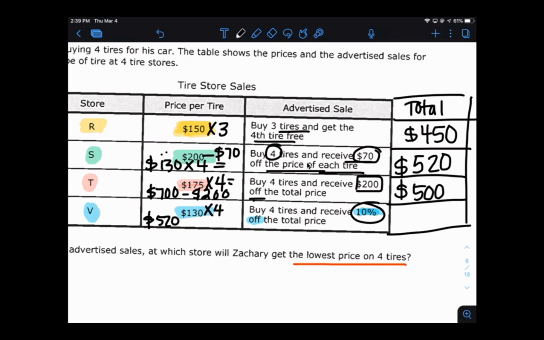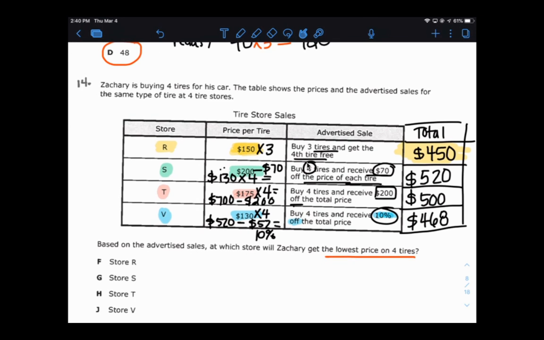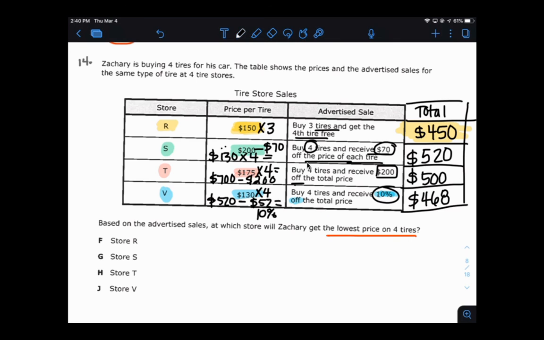So 10% of 520 is $52. So he would end up paying here $468 because I subtracted the 10%. This is the 10% of 520. So I think the best buy still is store R with $450 for 4 tires. So the correct answer for number 14 will be store R, which is answer choice F.